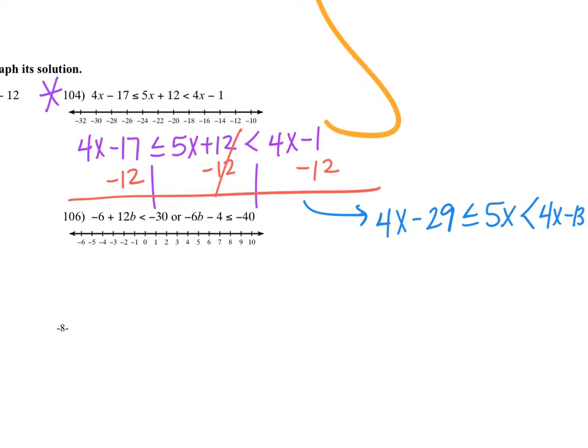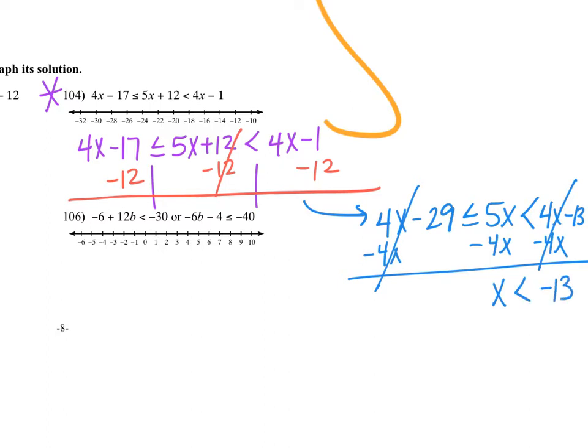Okay, and from here I still want x alone, but my x's are not in the same spot. So I need all of my x's in the middle. So I'm going to subtract 4x, subtract 4x, subtract 4x. And I'm going to cancel here and cancel there. So then I get x and negative 13 and negative 29.